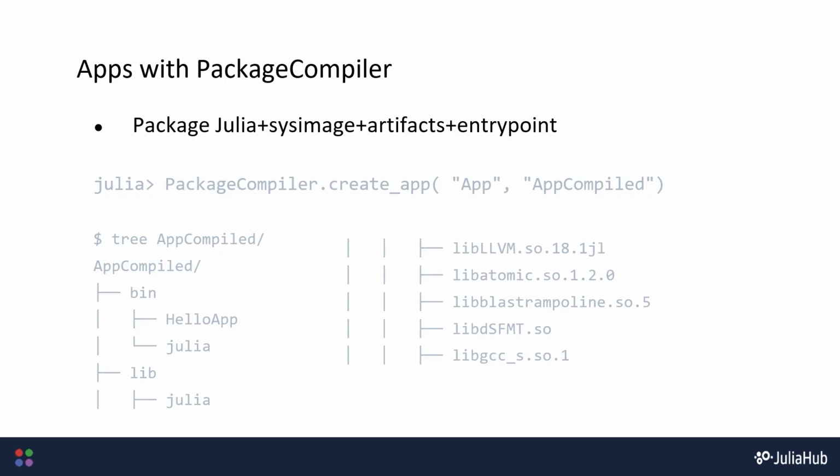One of the additional things you can do with PackageCompiler is to bundle everything, right? As I said, with a standard sysimage, you need Julia installed, you need the artifacts, so you need all your native dependencies. But PackageCompiler also has a create_app command that can basically bundle everything. So it'll bundle Julia, all your artifacts, and the code that you have written into a sysimage and bundle all of that into a directory which you can just zip and send, right?